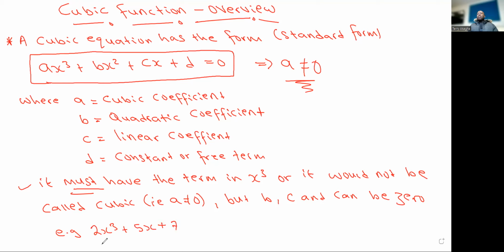In this case, x squared is 0. You can have something like x cubed minus 5x squared plus 7x. This is also a cubic function. That means the free term here is 0, okay? So all these are forms of cubic functions or cubic equations.